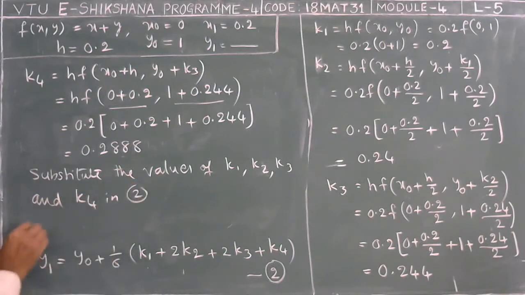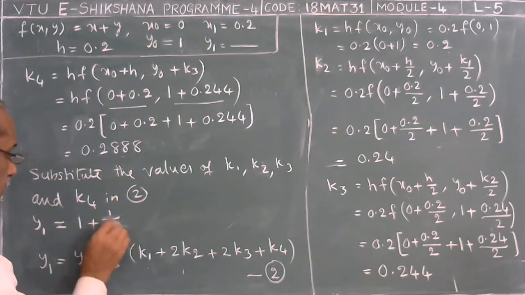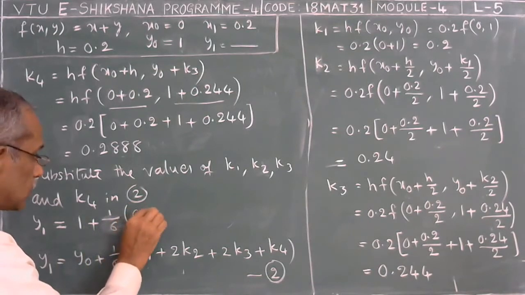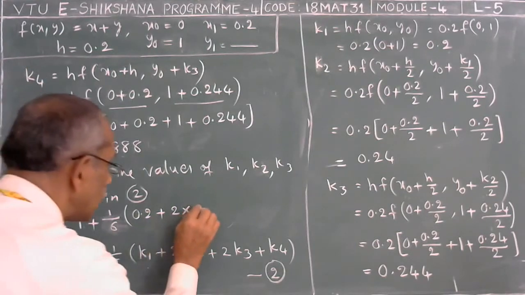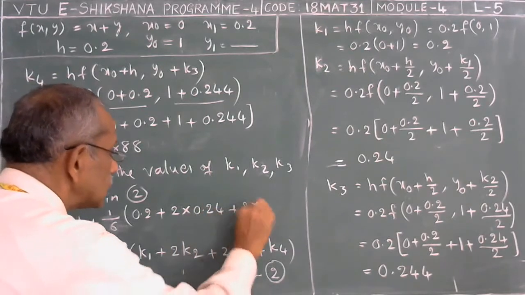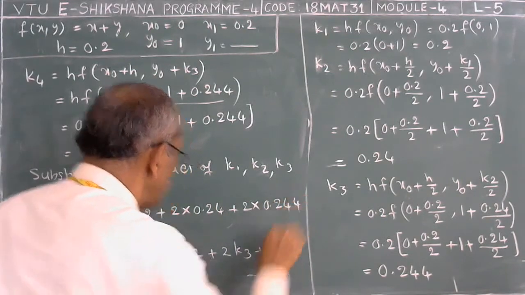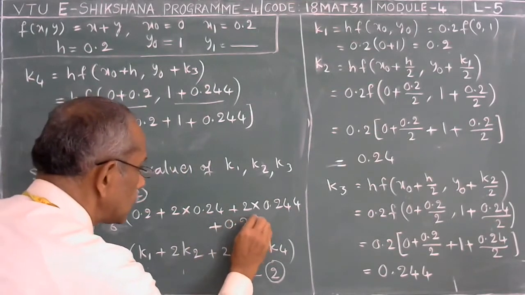So again, y1 is equal to y0, which is 1, plus 1 divided by 6 into K1, which is 0.2, plus 2 into 0.24, plus 2 into 0.244, plus K4, which is 0.288.